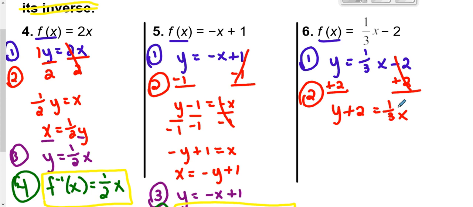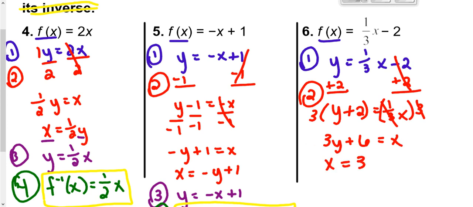Now, to get rid of that 1/3, I'm going to multiply by 3 on both sides. 3 times y gives me 3y, plus 3 times 2 gives me 6, equals 1/3 and 3 cancel out, and I'm left with an x right there. Flip that around. X equals 3y plus 6.